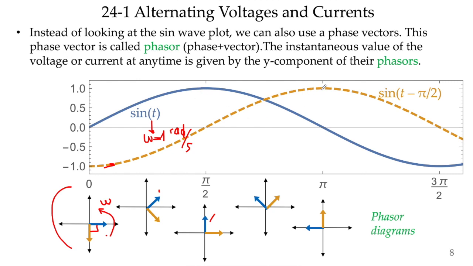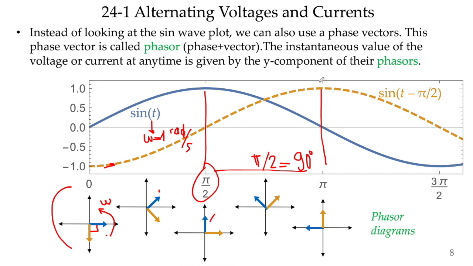Now look at the peak points. The blue curve peaks first in time, and then after the period of pi over 2, which is 90 degrees, the yellow curve peaks. So the yellow curve is late.